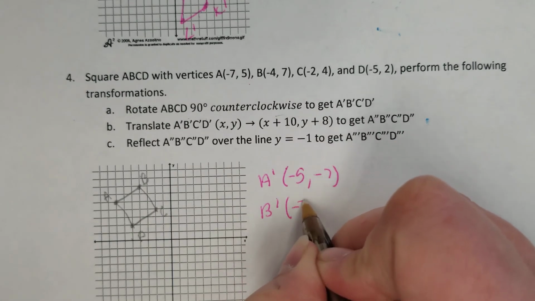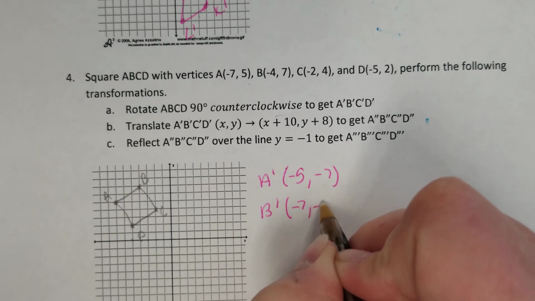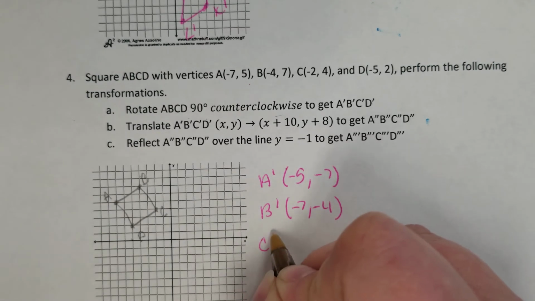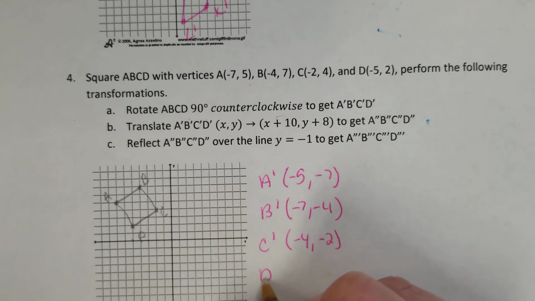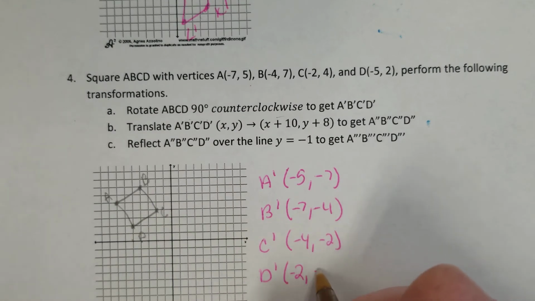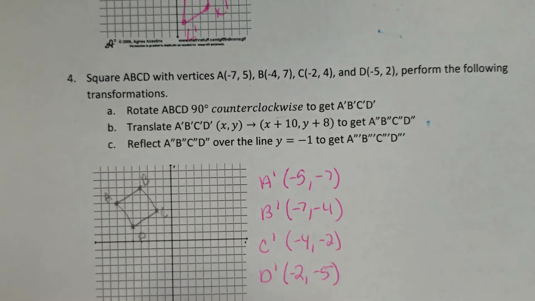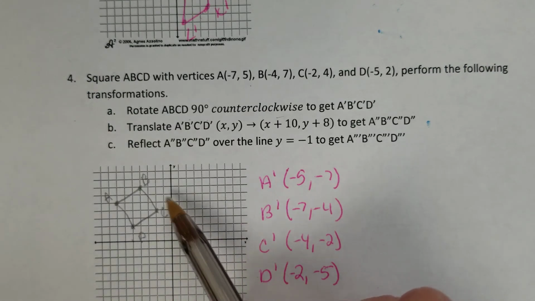B prime is -7, -4. C prime becomes -4, -2. And D prime becomes -2, -5. So if you graph those, you will get your next shape.